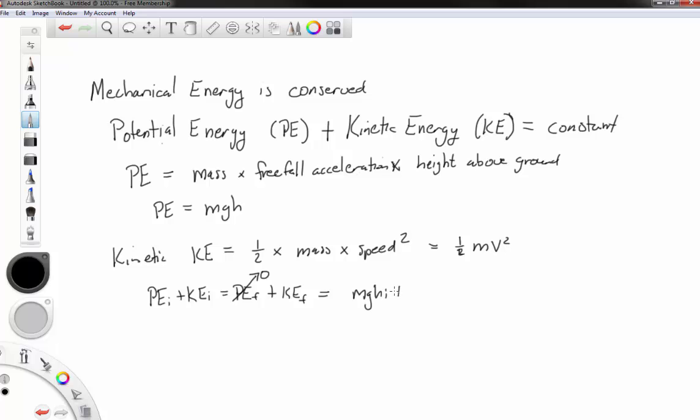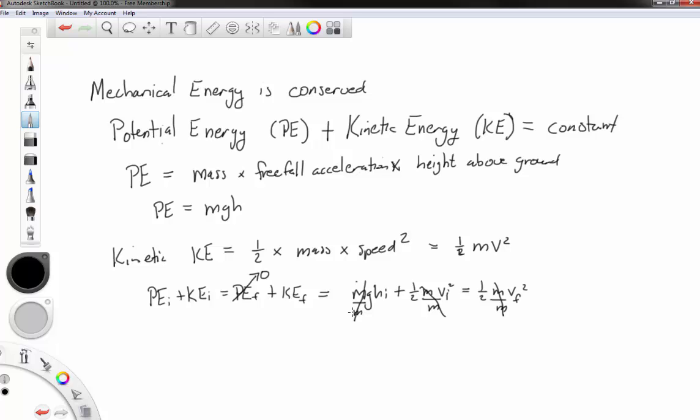mgh initial plus 1/2 mv initial squared is equal to 1/2 mv final squared. Since there's an m in every one of these terms, if I divide everything in this equation by m, I have the same equation that I had before. So in other words, I'm allowed to do that.